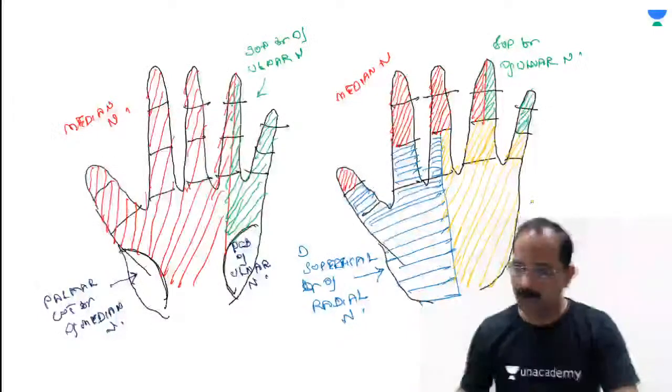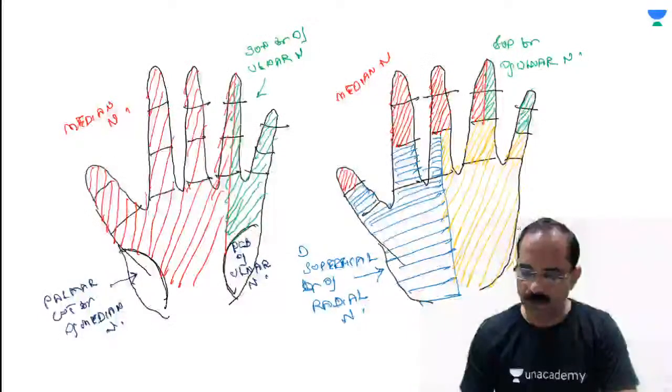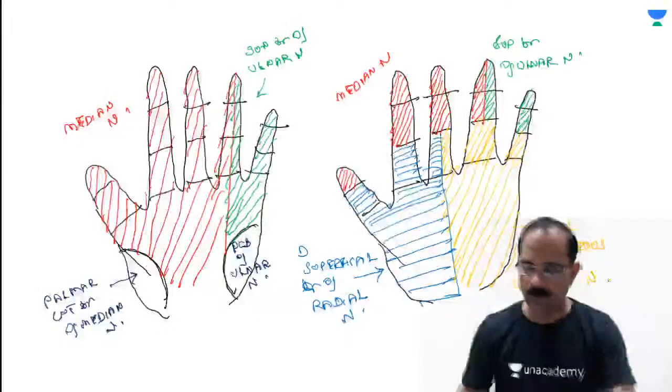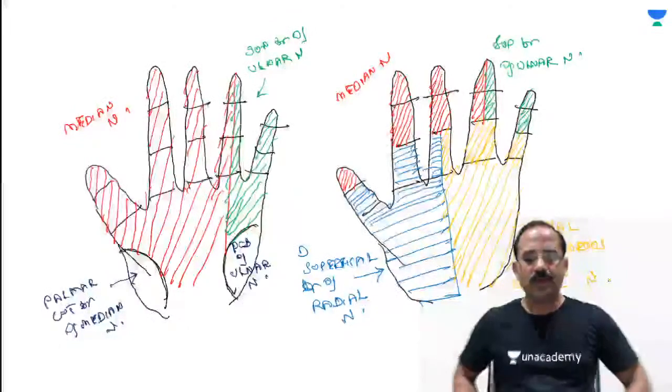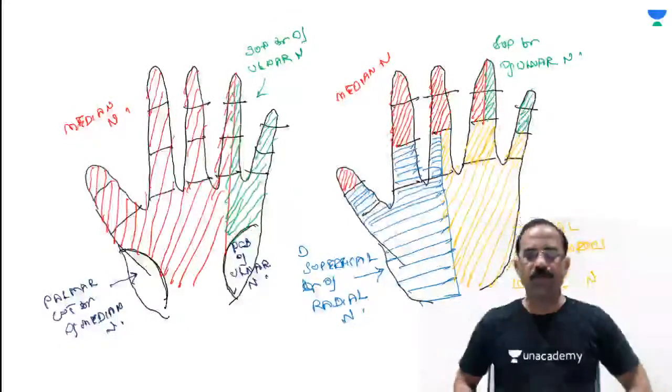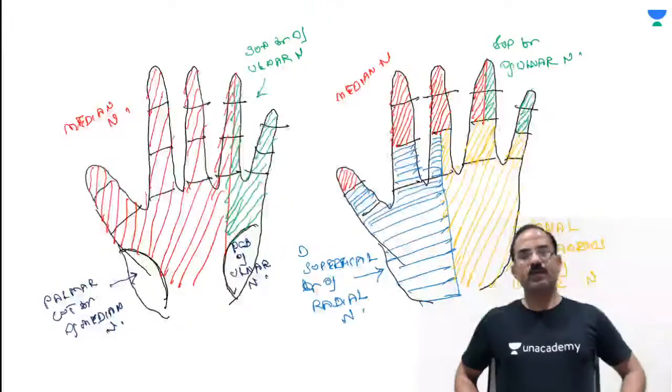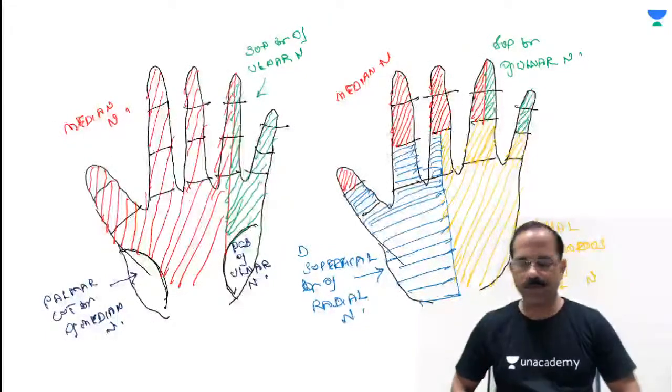This is supplied by the dorsal cutaneous branch of ulnar. Be very clear about this. So this is the cutaneous nerve supply of the hand. Very important.